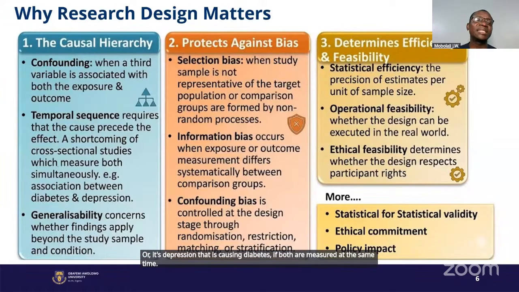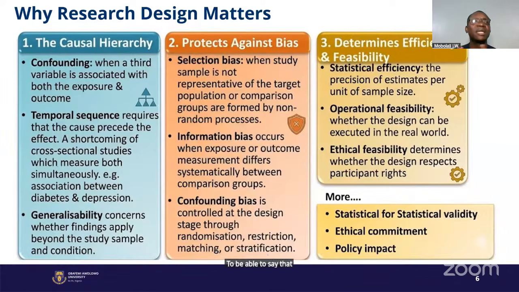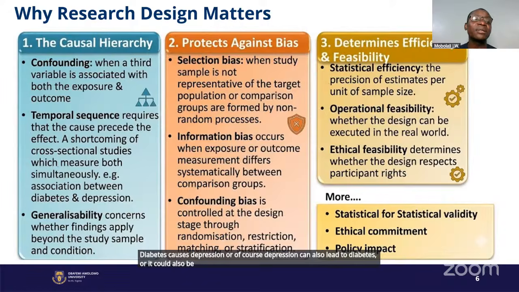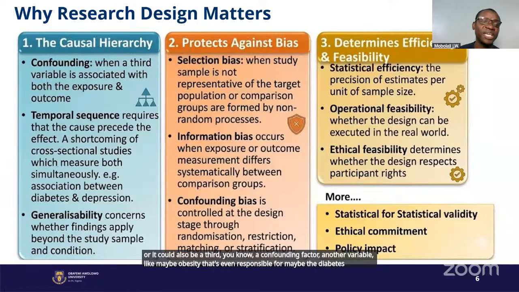So it requires a randomized control trial or a cohort study to be able to say that diabetes causes depression. Or of course, depression can also lead to diabetes, or it could be a confounding factor, another variable like maybe obesity that's responsible for the diabetes or the depression itself.